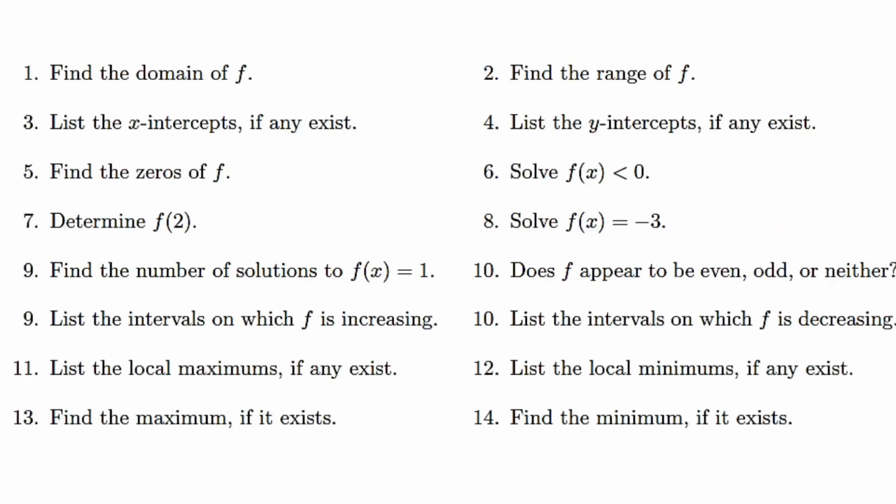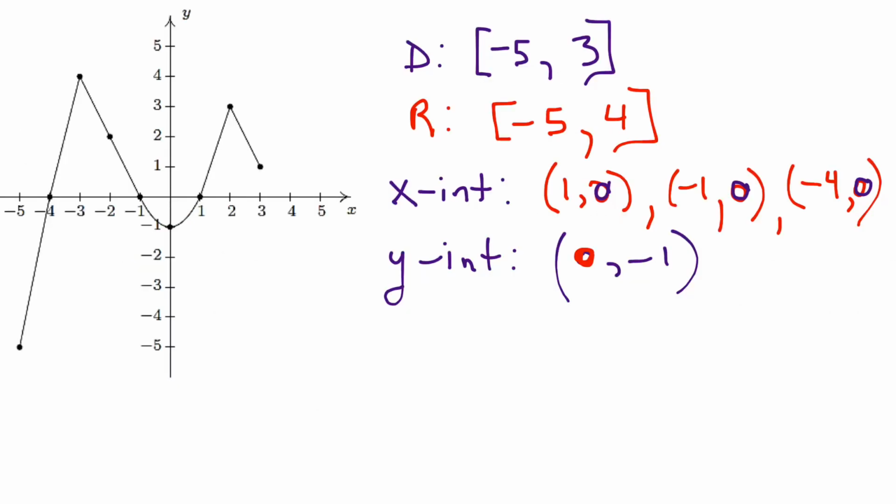Question 5 says find the zeros of f. Well, the zeros are the same thing as the x-intercepts. So x-intercepts and zeros right here are the same thing. It's just another word for x-intercept. They're called zeros because the function value is 0.